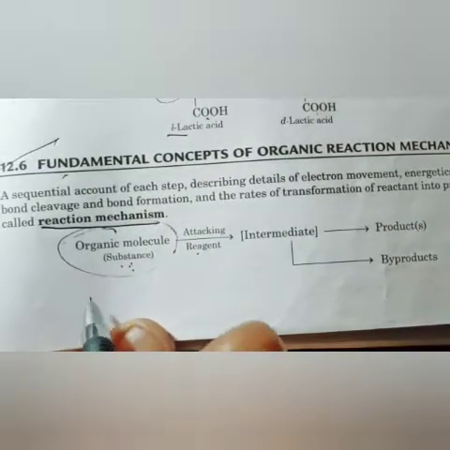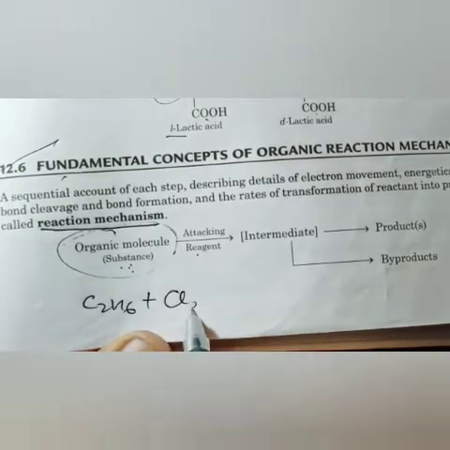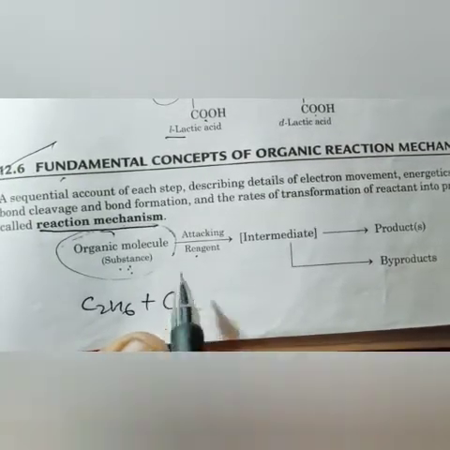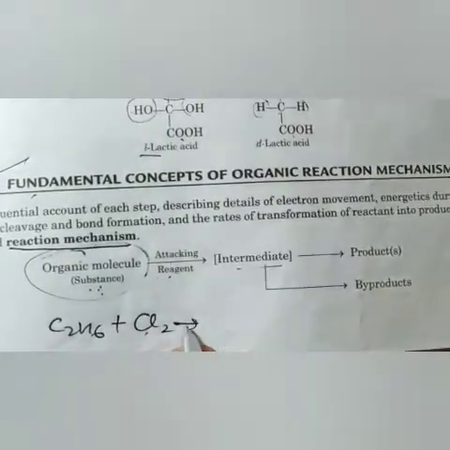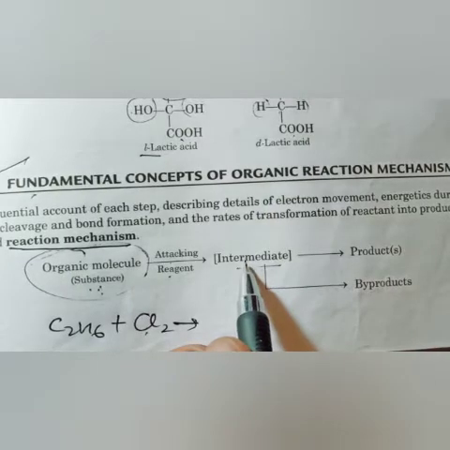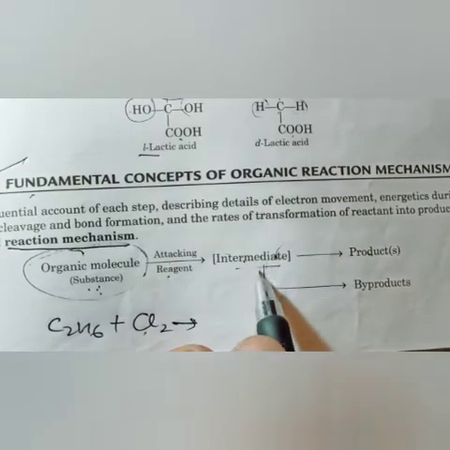If we talk about any hydrocarbon, it will be attacked by some reagent. That attacking reagent can be anything. Then they will form an intermediate. From the intermediate, depending upon the reaction, it will directly form the product or a byproduct.